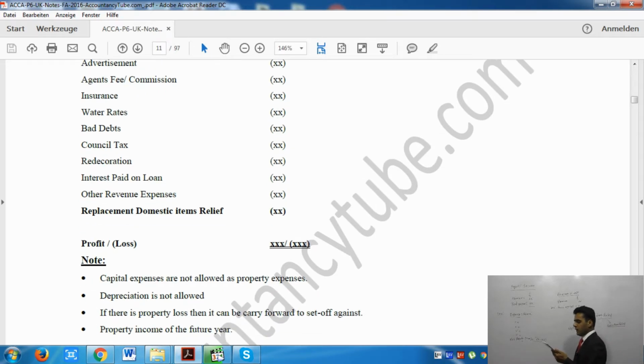Now the last one is replacement of domestic items relief. Now this is the relief which has recently been added. It wasn't in our syllabus in our previous Finance Act, which was Finance Act 15-16.